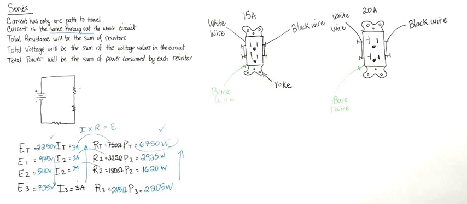The measure could be thousands of volts, which would be kV. It could be millions of volts, which would be a capital M and a V. It could be giga, or we can go down to low voltage, and it could be millivolts, which would be a lowercase m.